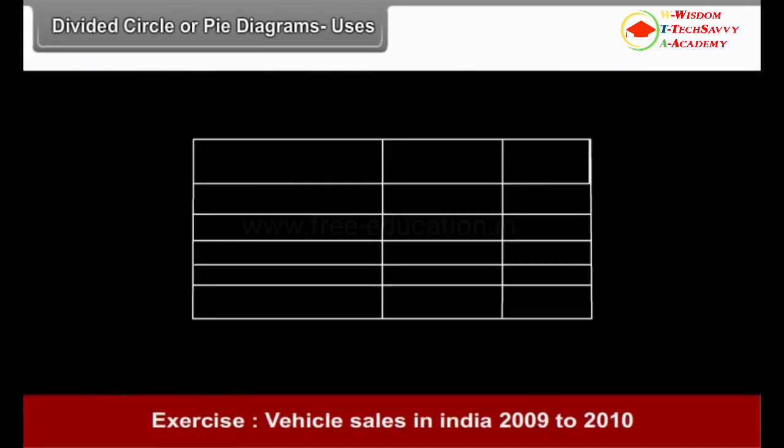Exercise 4. Vehicle sale in India 2009 to 2010. Types of vehicles, number of vehicles, degree. Passenger vehicles, 1 crore 94 lakh 9,776, 57 degrees.